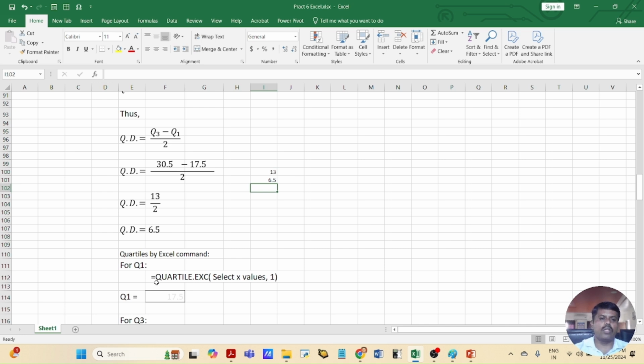Now we can find these quartiles Q1 and Q3 by using Excel command also. Excel command is equal to QUARTILE.EXC, in the bracket select X values and 1 for first quartile Q1. So let's see how to find this.